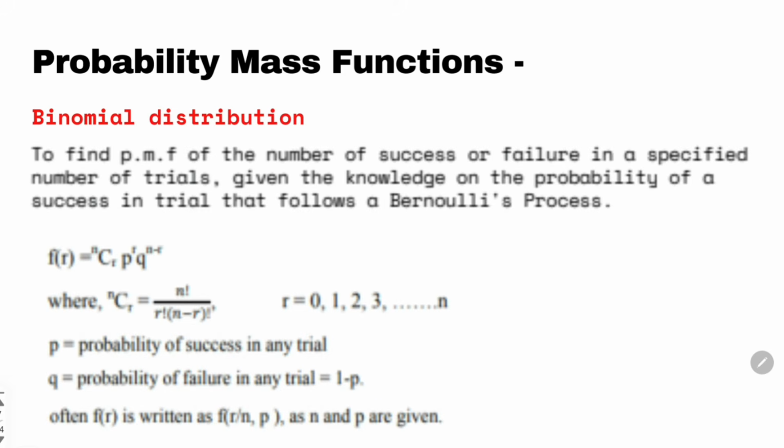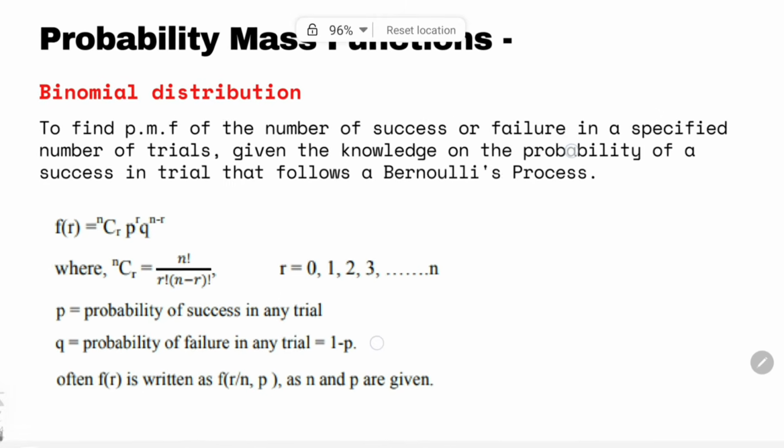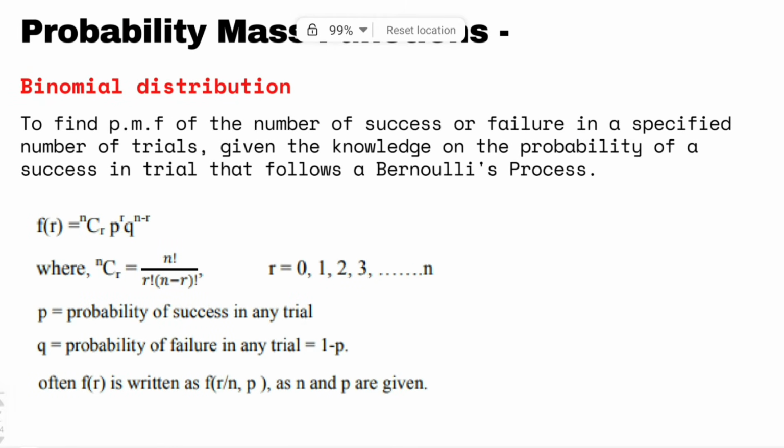Now, what is the binomial distribution? To find the PMF, that is the probability mass function, of a binomial distribution, which gives the number of successes or failures in a specified number of trials given the probability of a success in a trial that follows a Bernoulli's process, the function is nCr p raised to r q raised to n minus r.